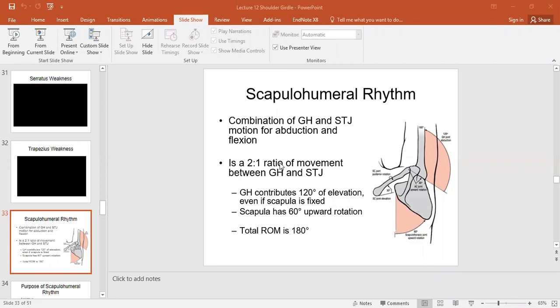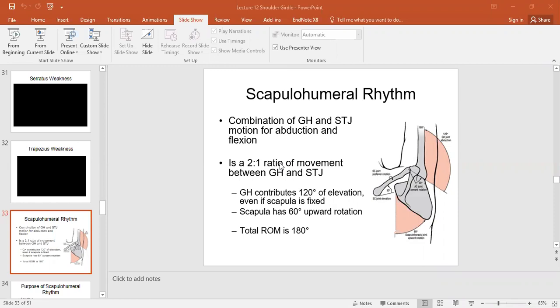There are other muscles obviously attached to the clavicle that have an impact on that as well. But the most important thing is that posterior rotation of the clavicle. If that doesn't happen, then you don't get full range of motion.